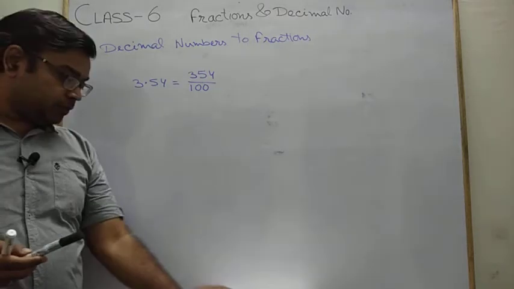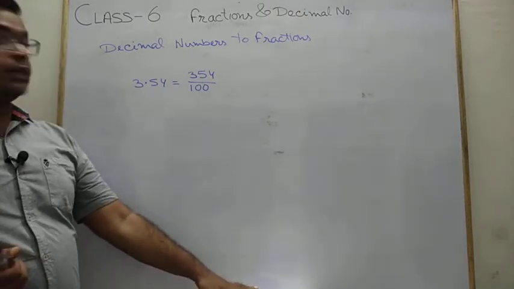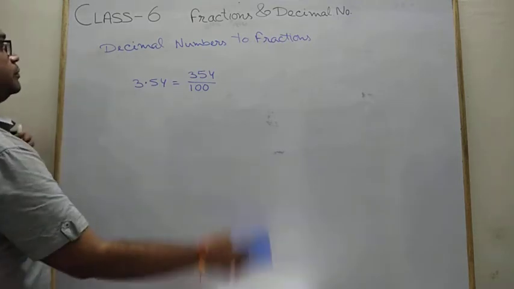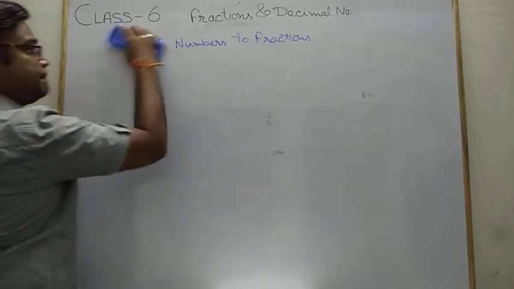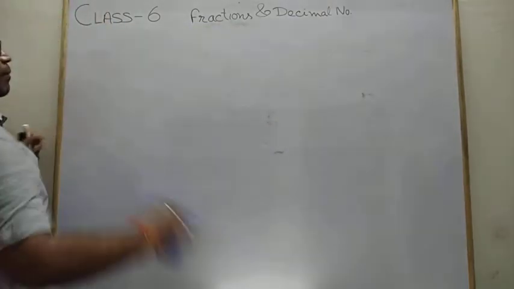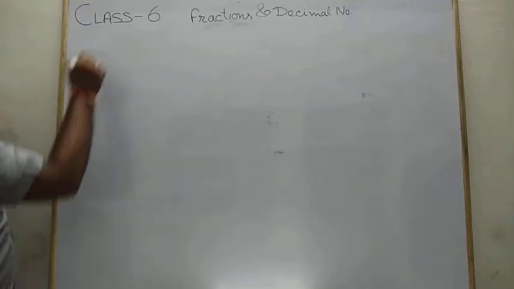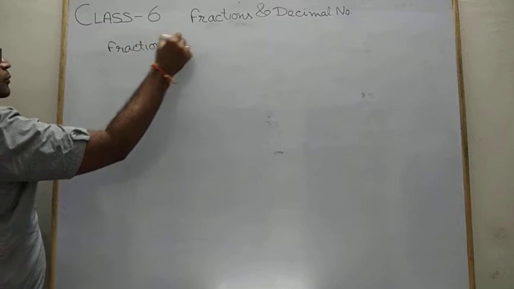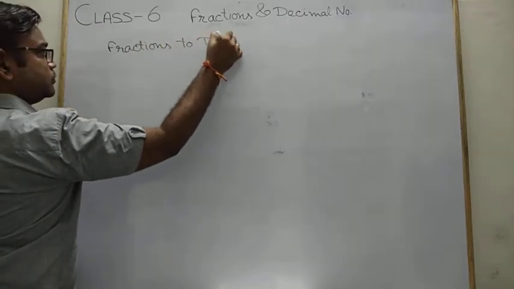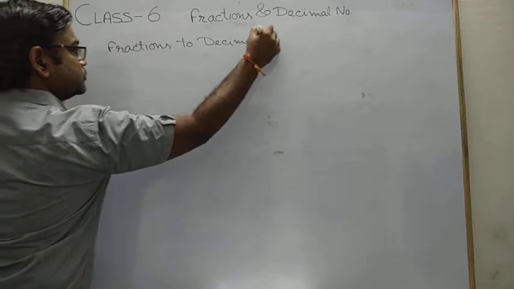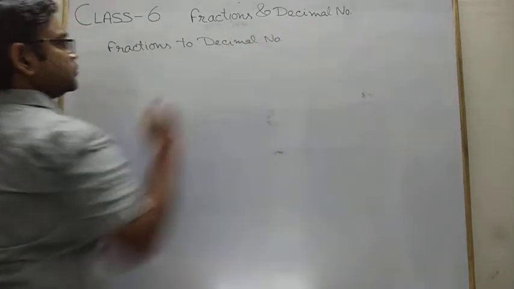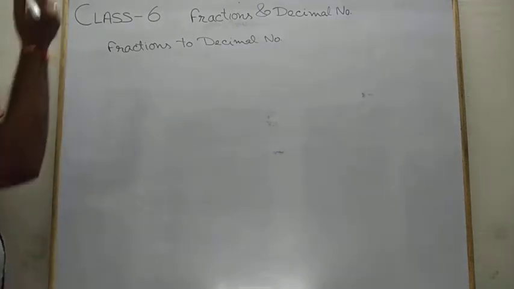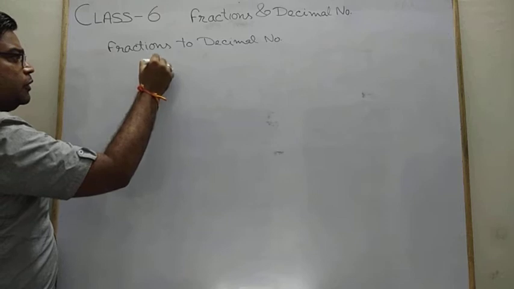Then we have the next topic, conversion of fractions, not decimal fractions, to decimal numbers. How do we convert a fraction to a decimal number? For example, I am choosing 4 upon 5.